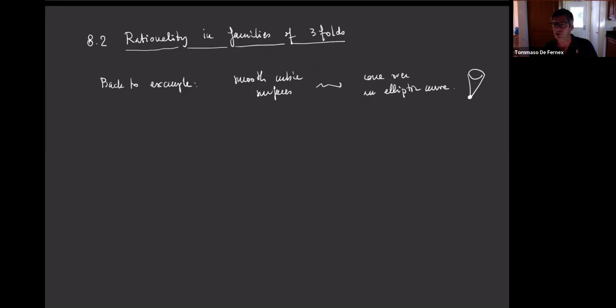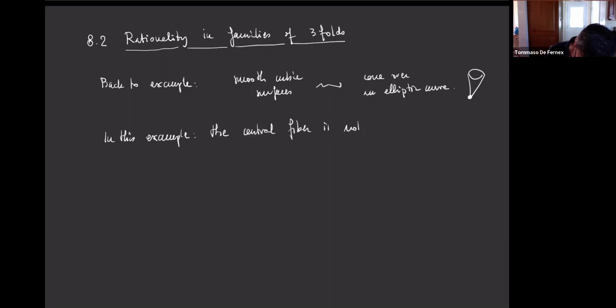Maybe some other necessary property that we can ask whether it's a sufficient property. So the point here is that in this example, the central fiber is not rationally connected.